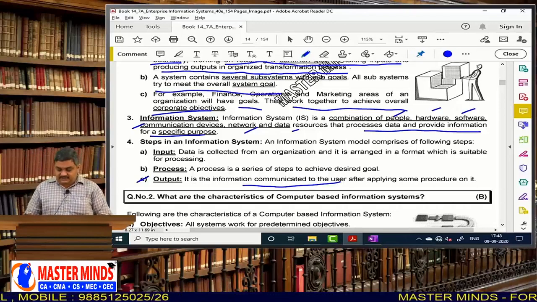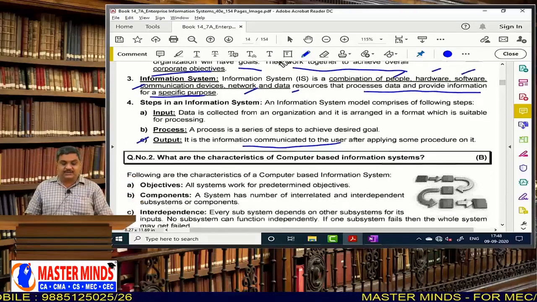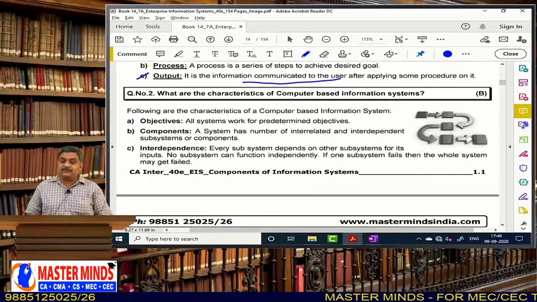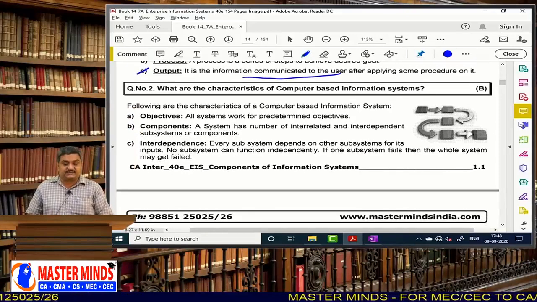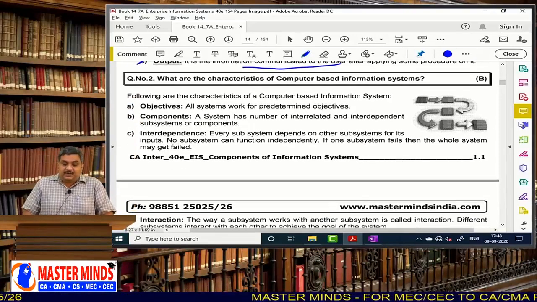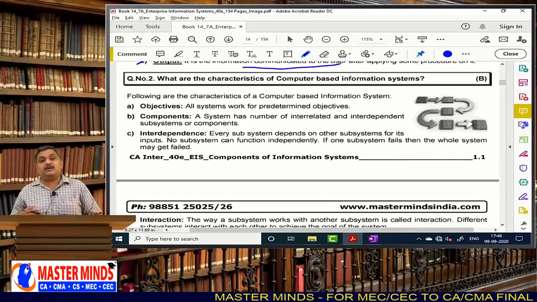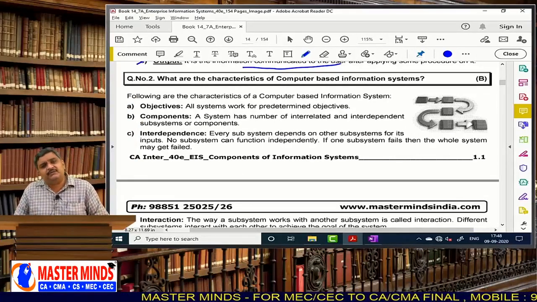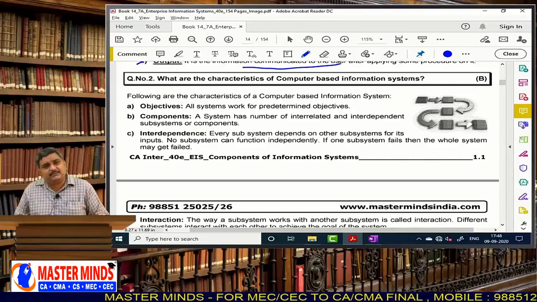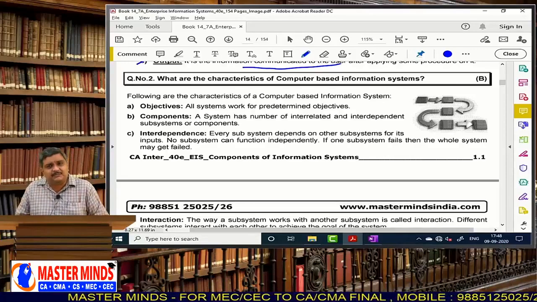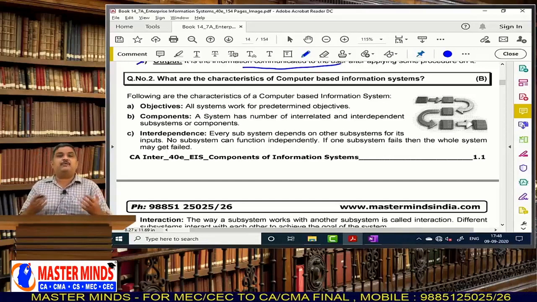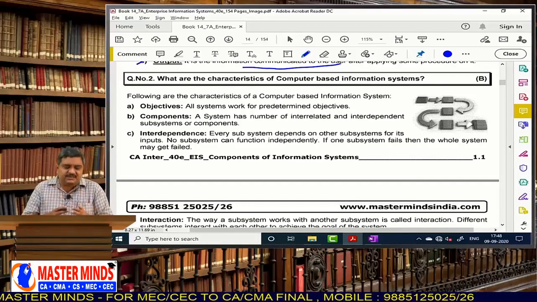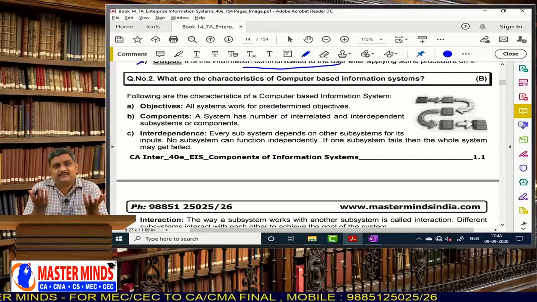And now let us move forward to the second question. What are the characteristics of computer based information systems? See, computer based information systems have some objectives. See, without an objective, will we develop a system? Will we set up a system? For example, if there is an information system, for that information system there is an objective.